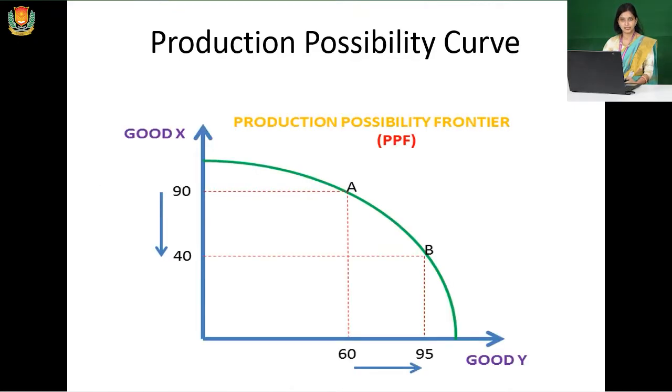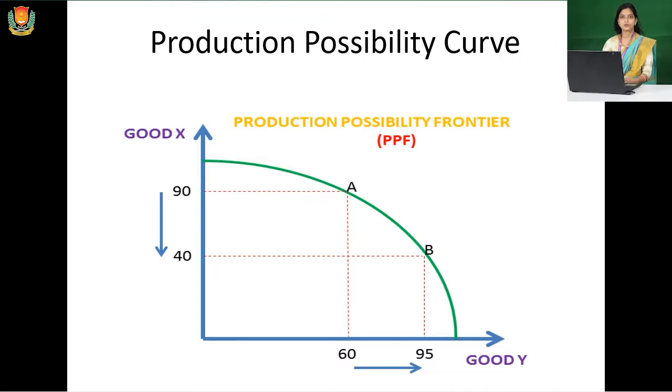Production possibility curve. This is the curve that depicts the different combinations of goods and services that one can opt for with limited resources. If I'm talking about a limited agricultural land, in this land either I can produce wheat or rice, as I have shown in the graph.